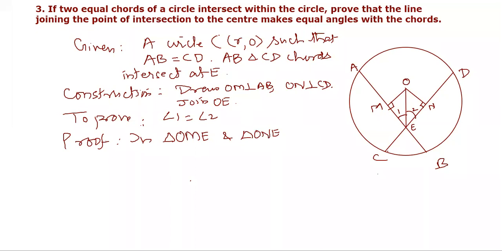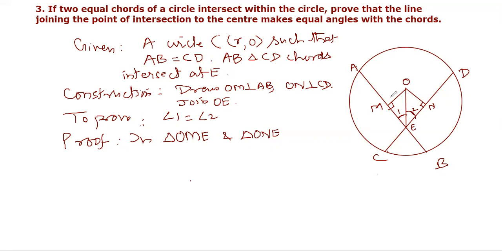Okay, see again, I'll explain slowly. We have to prove angle 1 is equal to angle 2. Angle 1 means the angle which the line joining the point of intersection and the center makes with the chord. This is the chord AB, and this side another chord. So this angle we have to prove.